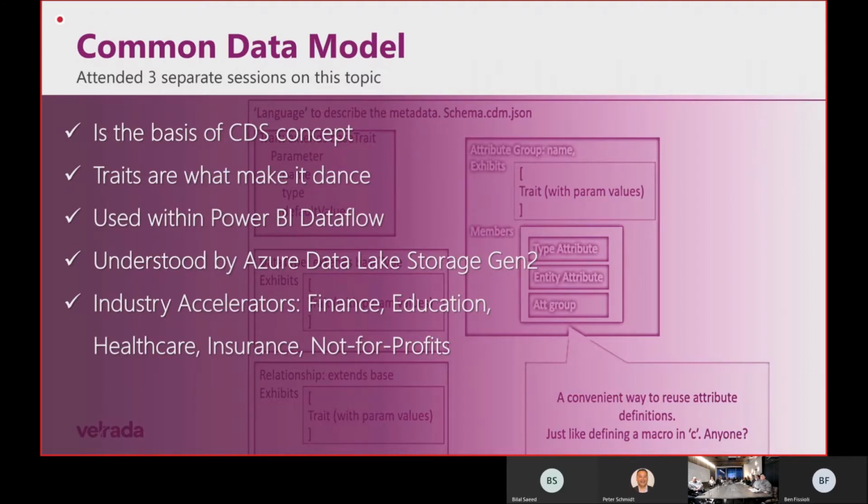Now, the other advantage to the common data model, one is that, yes, the data lake understands it. And I'll get to that in a little bit more. But also things like Databricks. If you've ever heard of that term, it's quite a powerful tool. Part of what Databricks also is, is an integration tool. So it allows you, through batch processing, to pull data out of one particular system and move it somewhere else.